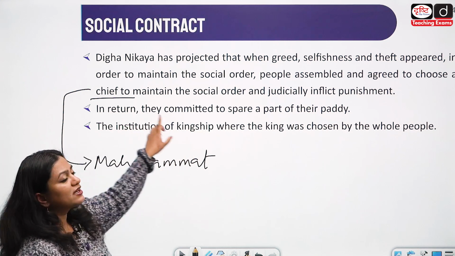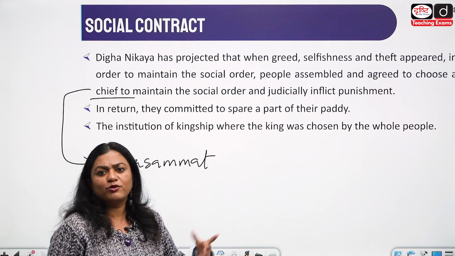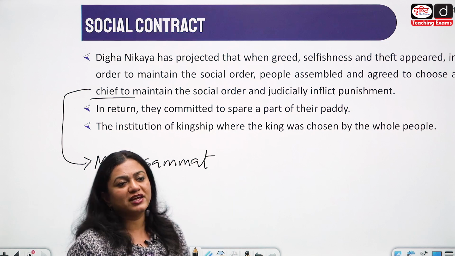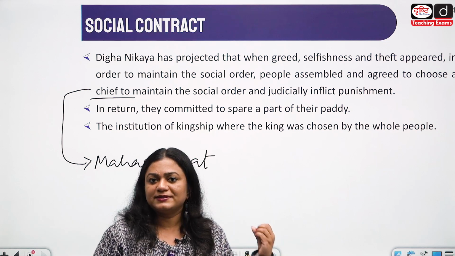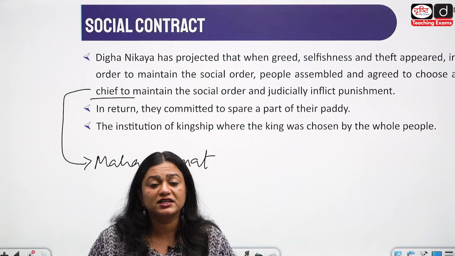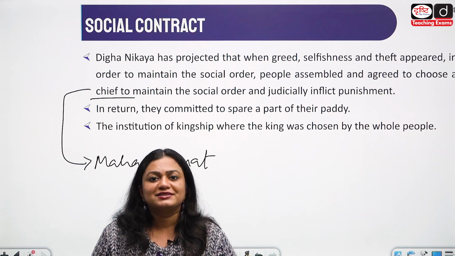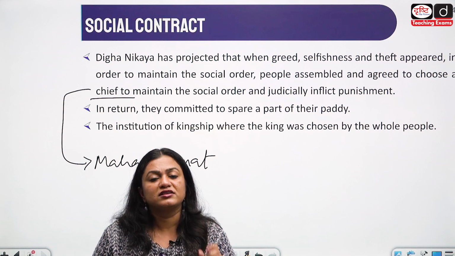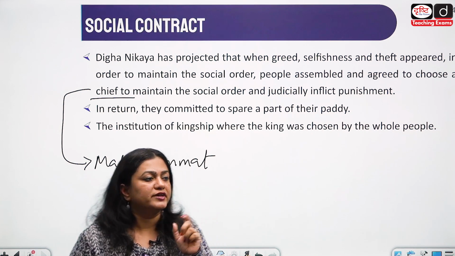In return, they committed to spare a part of their paddy, because in those days paddy or rice was one of the most valuable elements. So people decided that okay, we are ready to give a share of our paddy to this person. In return, that person would administer justice in that society, and there would be a structure of governance.